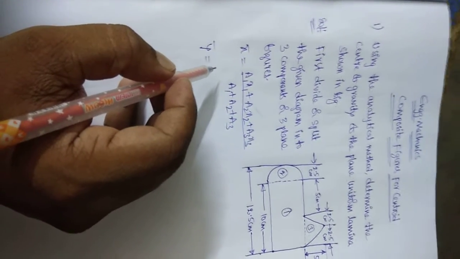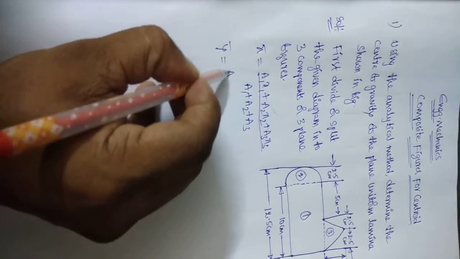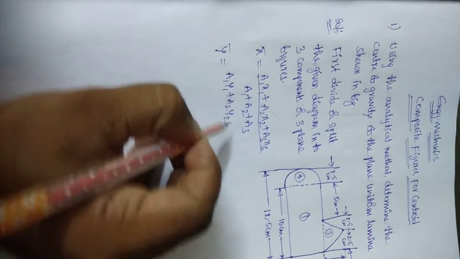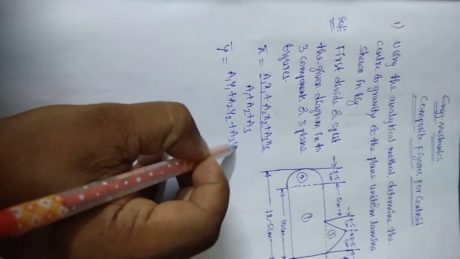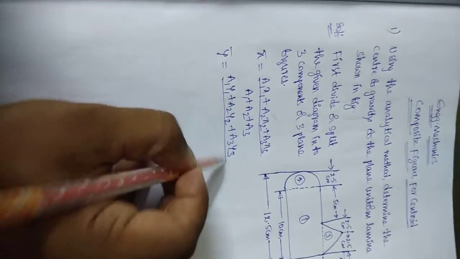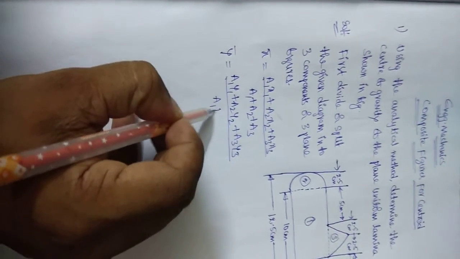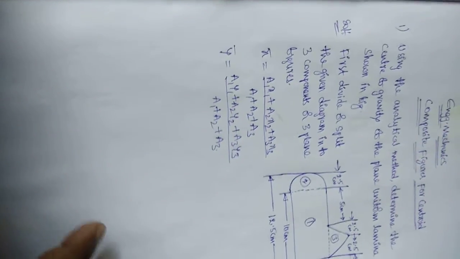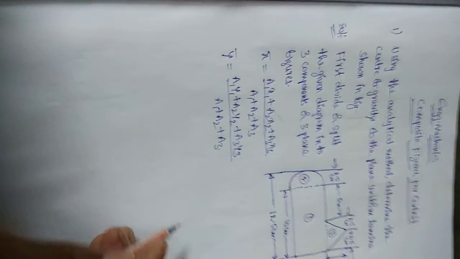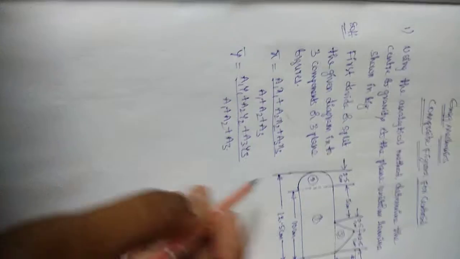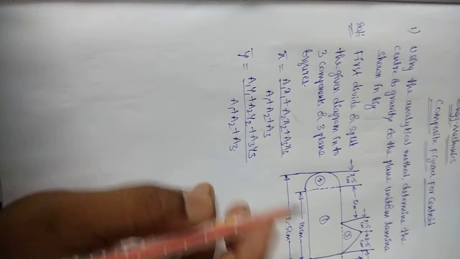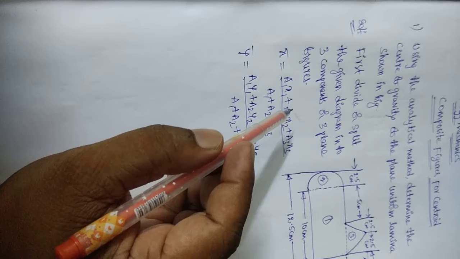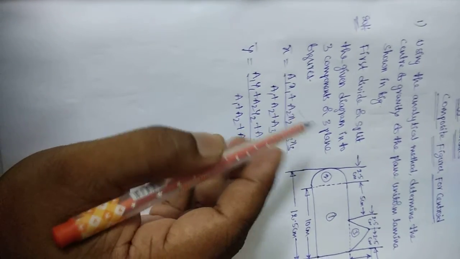For calculating y bar, we have the equation a1y1 plus a2y2 plus a3y3 by a1 plus a2 plus a3. With these equations for x bar and y bar, we are going to solve the centroid for the composite figure.